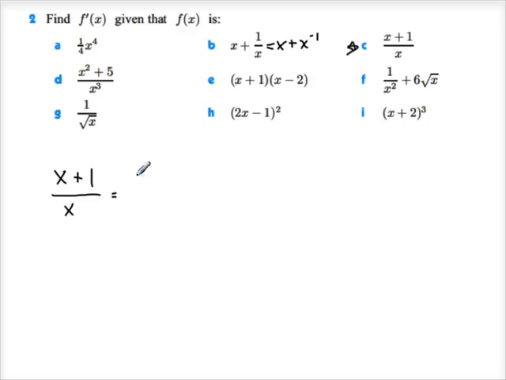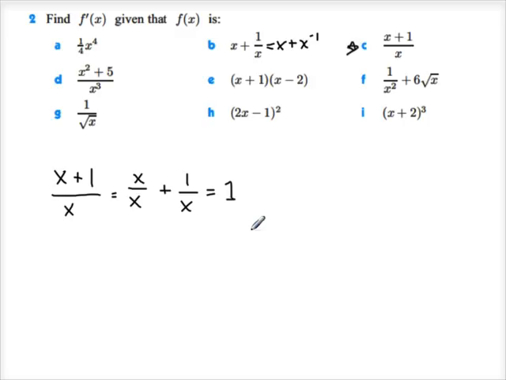So here we have x plus 1 over x, which is just the same as x over x, so that denominator stays exactly the same, plus 1 over x. Because we have 1 over x over x, there they are. So if we keep going, x divided by x, well that's just simply 1.